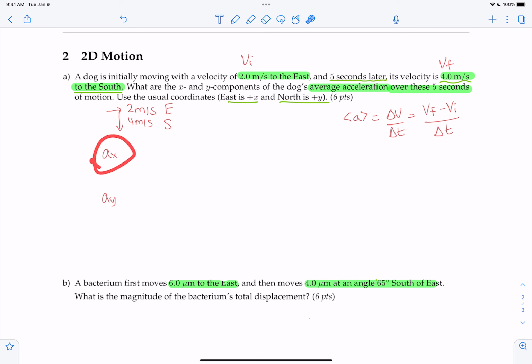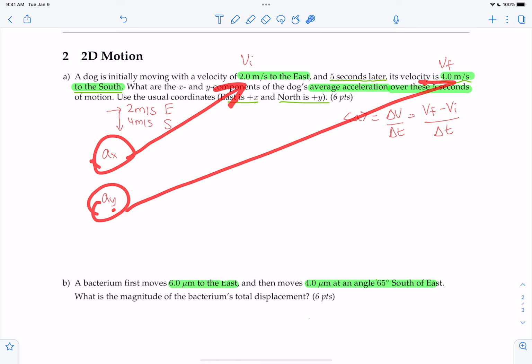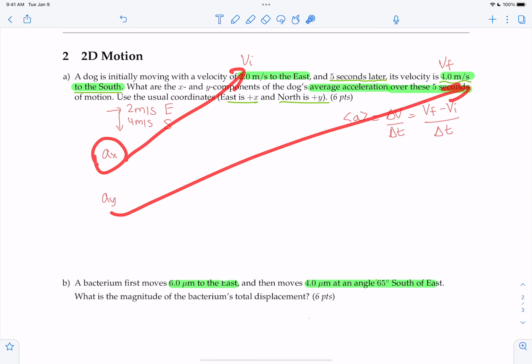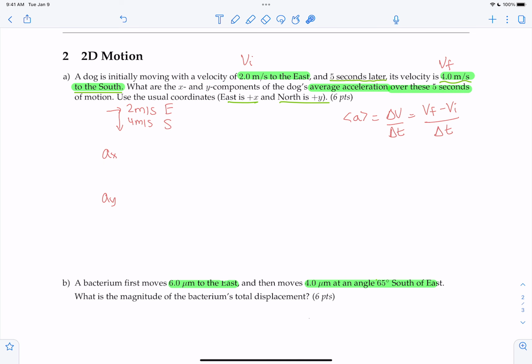So AX will essentially consist of this initial velocity, and AY will be dependent on this velocity, if that makes sense. Because this is in the X direction, this is in the Y direction. This is east, and this is south. So that's how we're going to break it up.